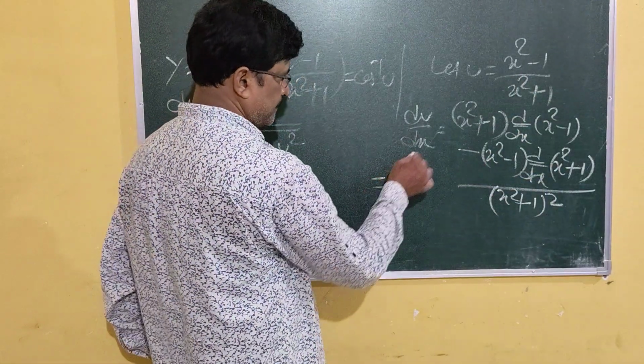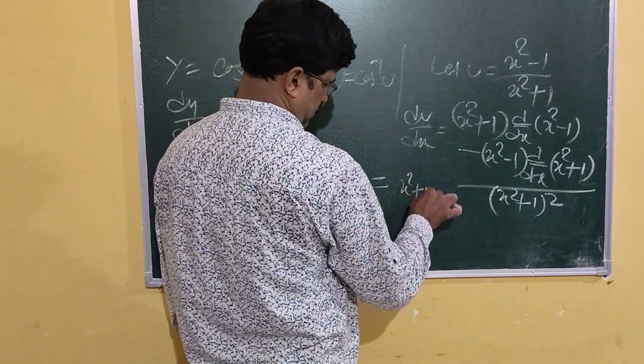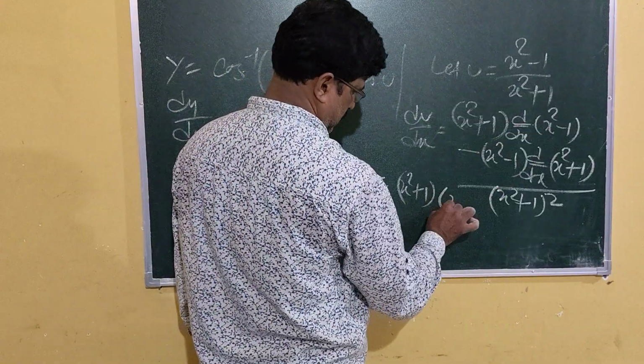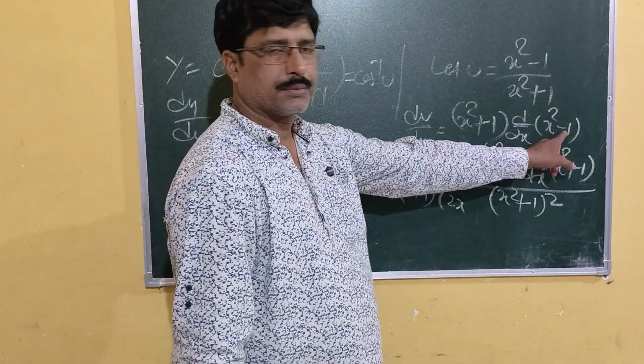It becomes x square plus 1 into 2x. Derivative of the constant is 0.